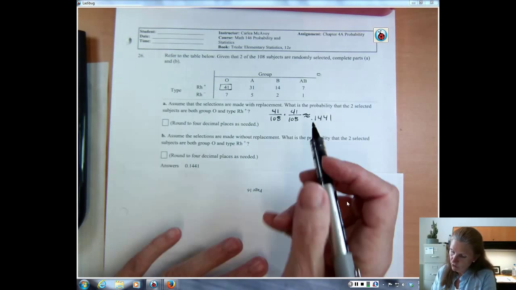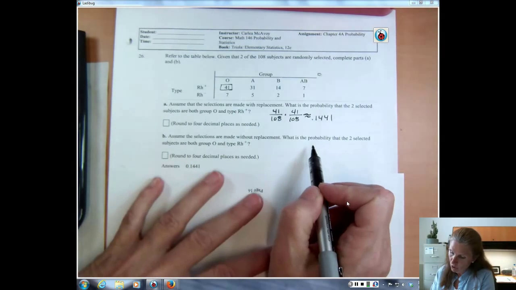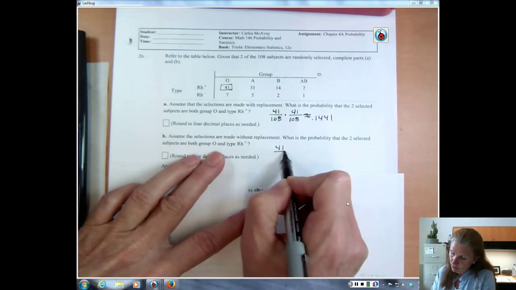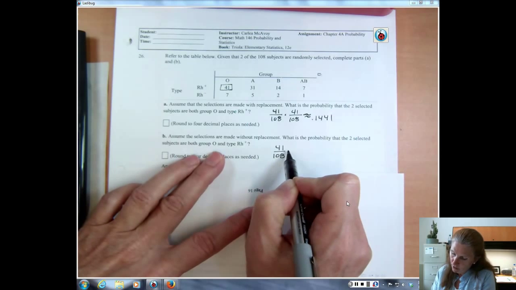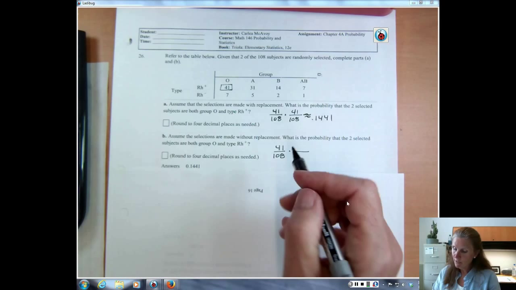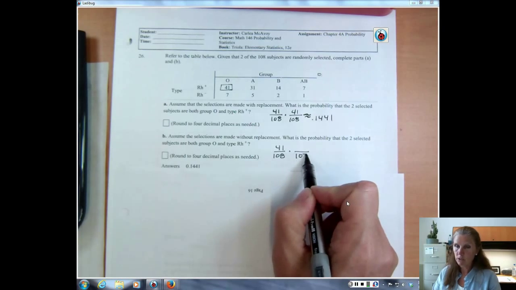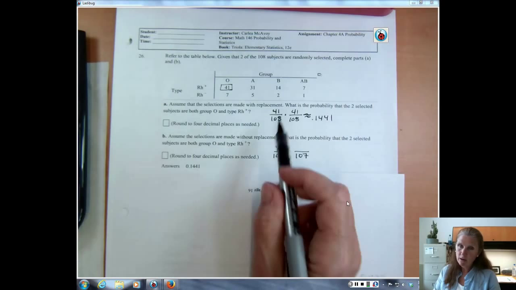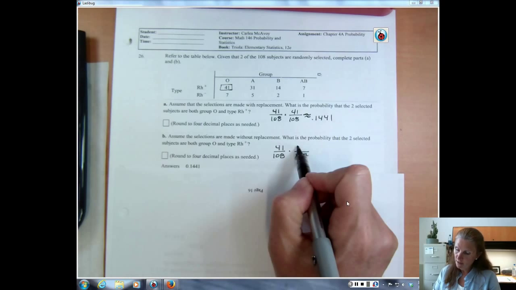Assume the selections are made without replacement. Pretty similar. What is the probability that they are O and Rh positive? Without replacement, I have this first person, 41 out of 108. And then for my second one, I didn't put that person back in, so I have 107 people in my pot. And I took one of these people out, which means I only have 40 left.